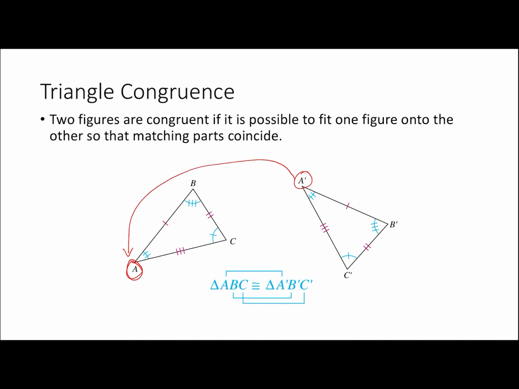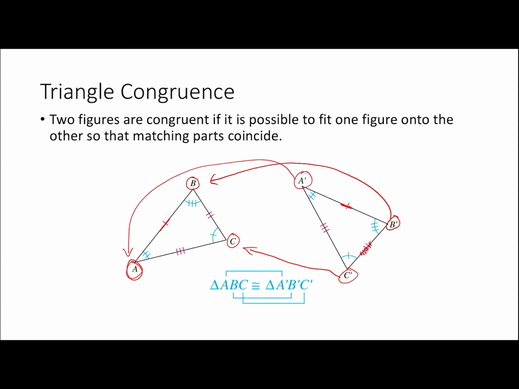Meaning that if we take angle A here, and we take angle A prime, by the way, that little apostrophe symbol, we call it prime. If we were to take A prime and lie it on top of angle A, then what should happen is side length AB should have side length A prime B prime lying on top of it.